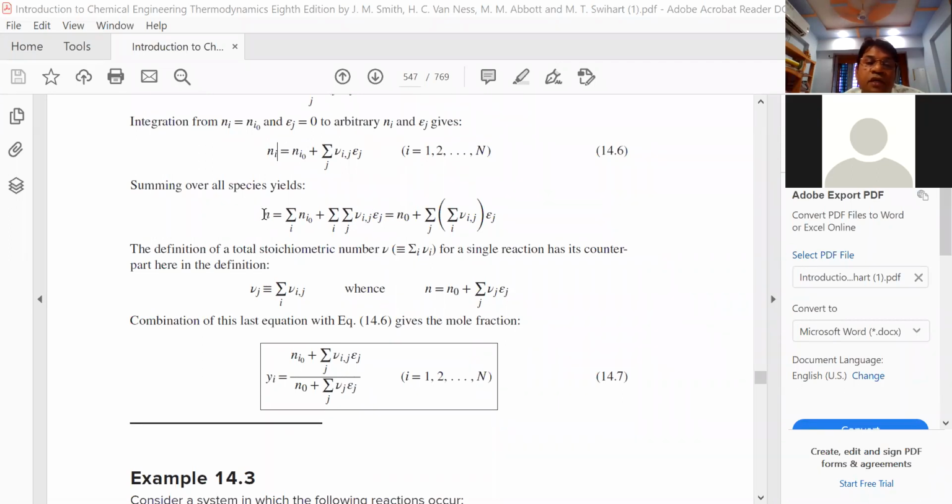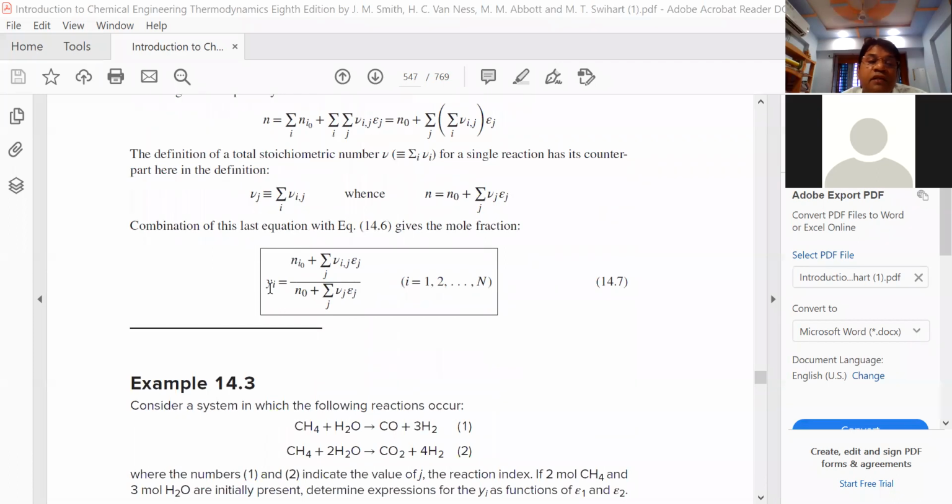The total number of moles is equal to the summation of individual numbers of moles plus the summation over the extents of reaction, that is, the number of moles of reactants converted and products produced. So after putting all these values, finally y_i, the mole fraction of species i, will be represented by this equation.